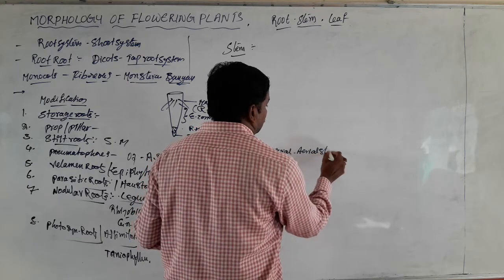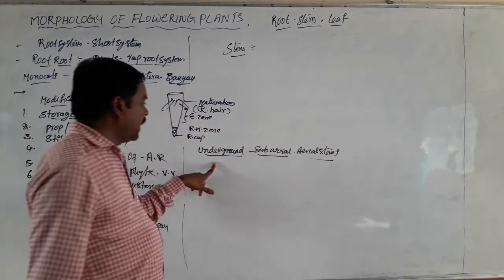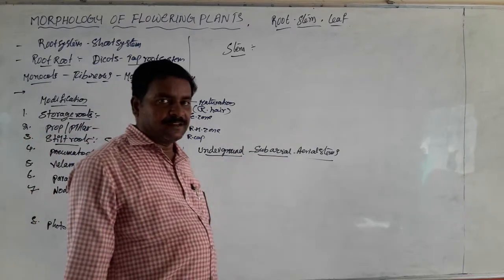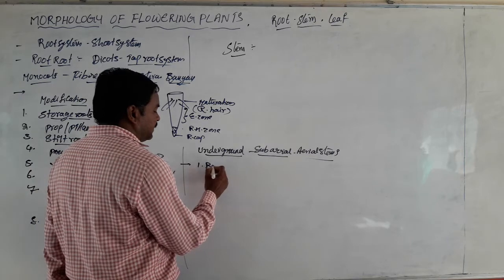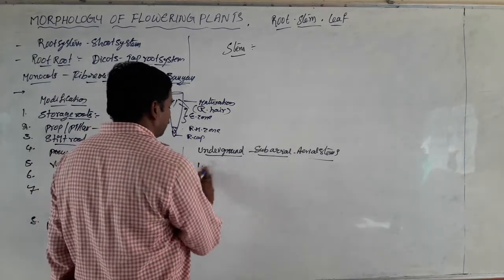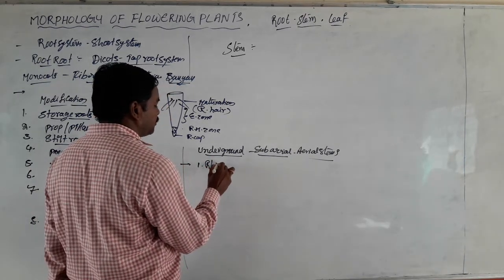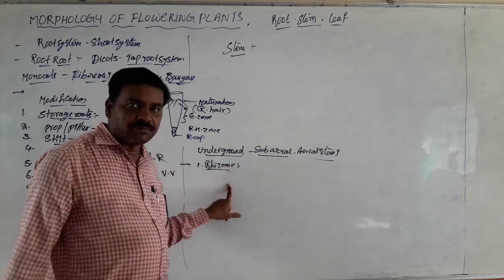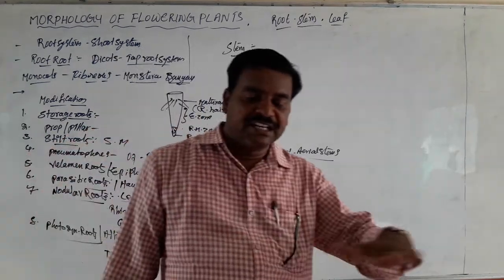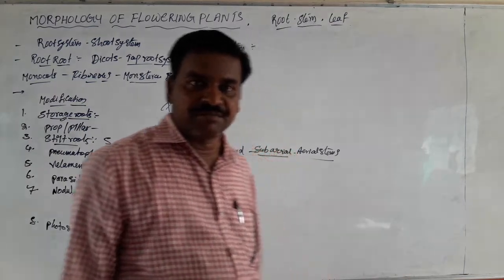So among the underground stems, one is the rhizome. The rhizome is a horizontally growing underground stem modification.